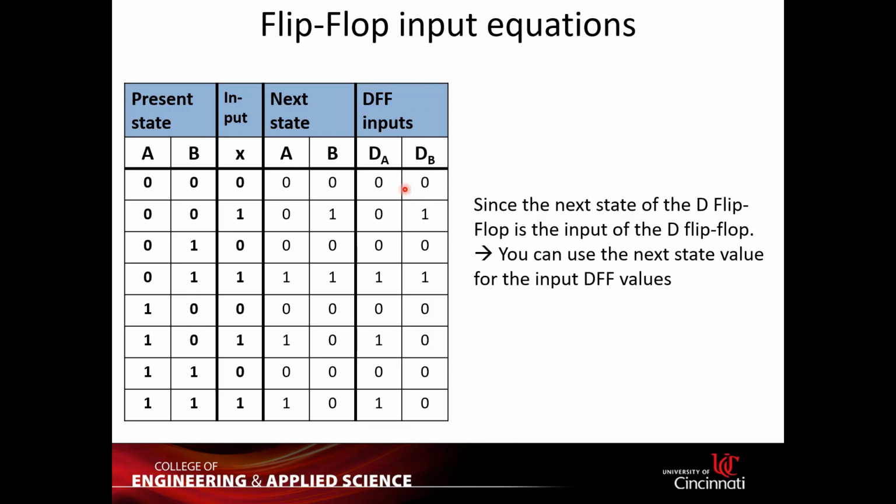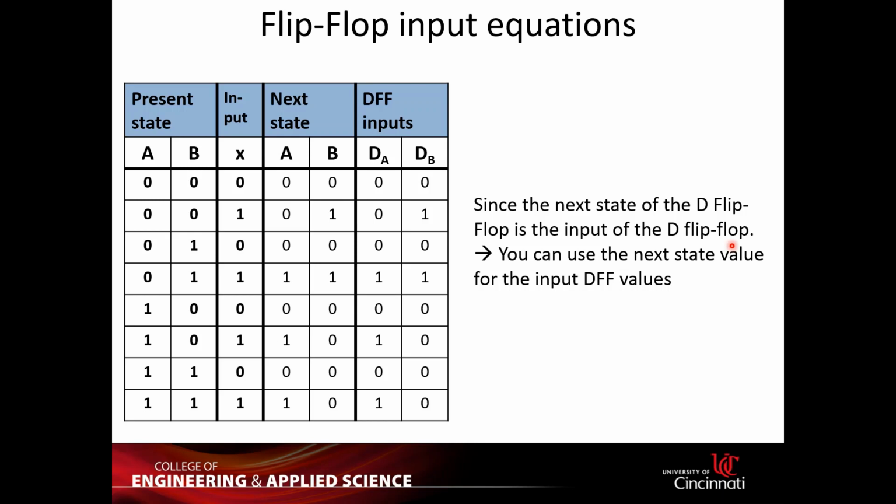Okay, so when you see in here, this is basically just the truth table. Basically, this is the state table with present state, input, and next state, right? But what you see is that I add another column for DFF, which is the D flip-flop input, since the next state of the D flip-flop is actually the input of the D flip-flop, right?